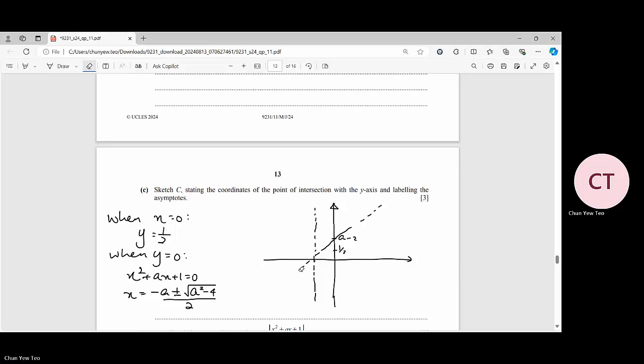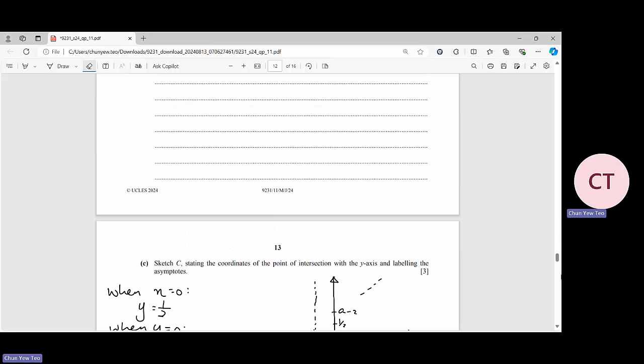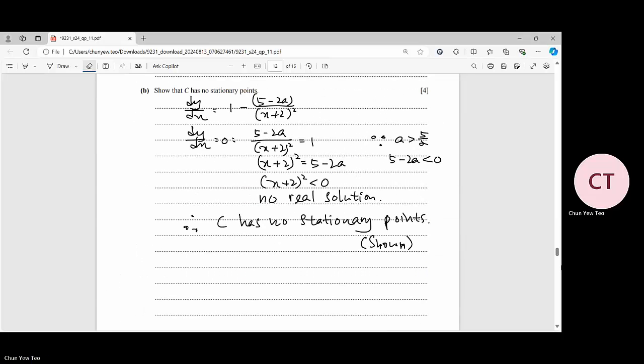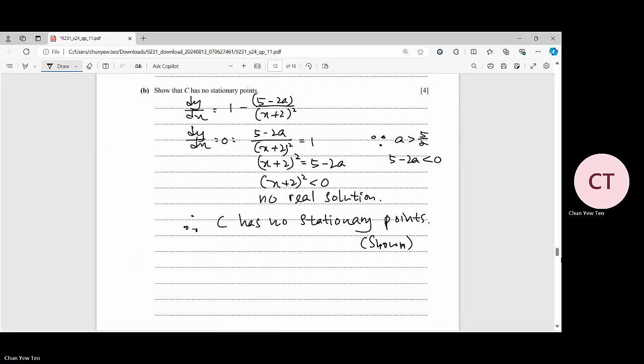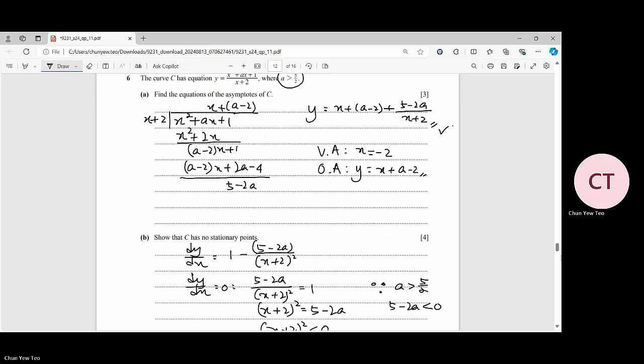And when x is equal to 2.5... okay, wait, your intercept, this one. So when your x equals 0, your y is equal to a minus 2. When your y is equal to 0, then your x is equal to 2 minus a, or negative a minus 2.